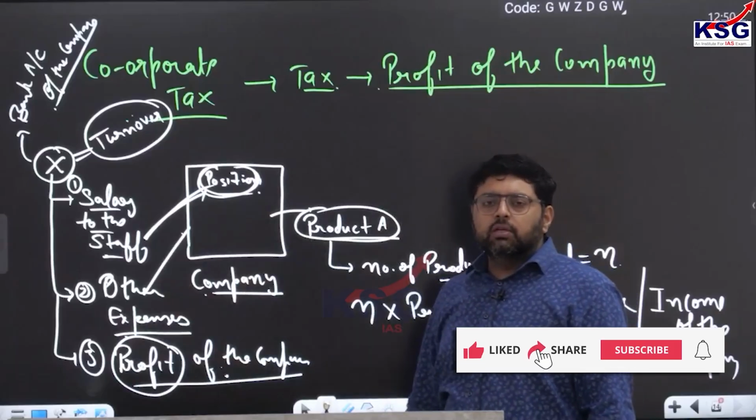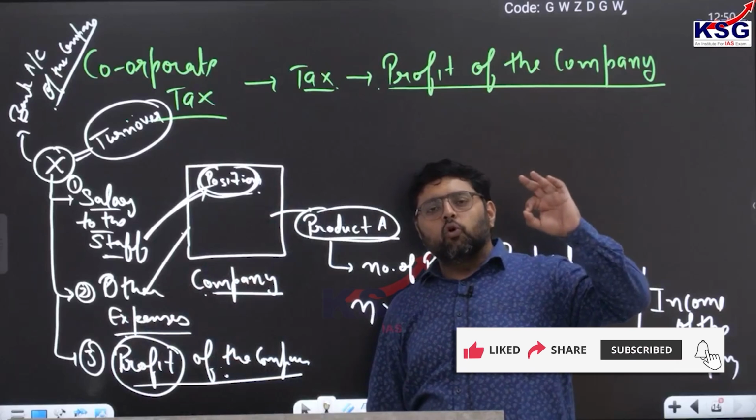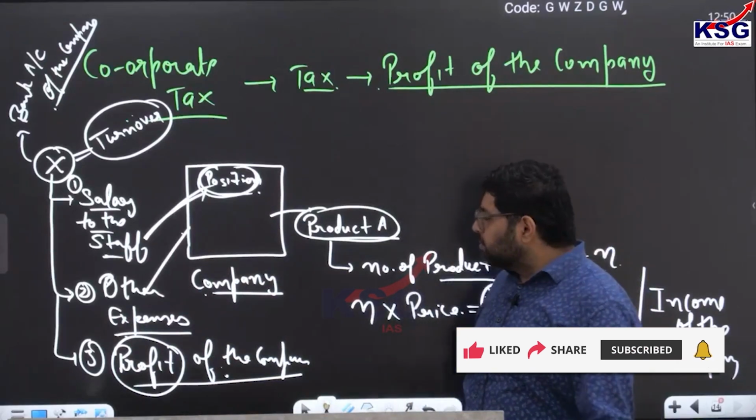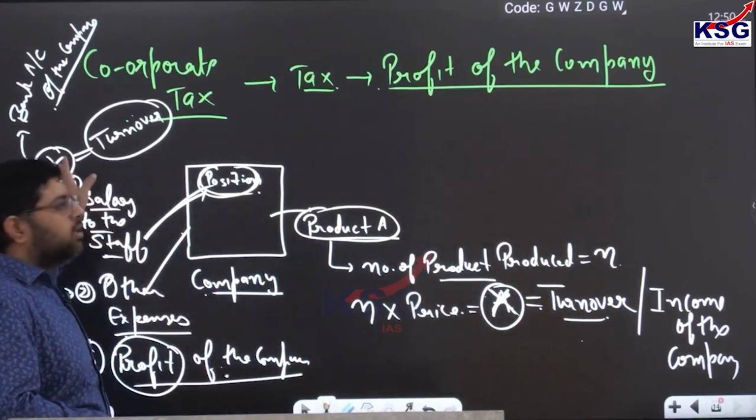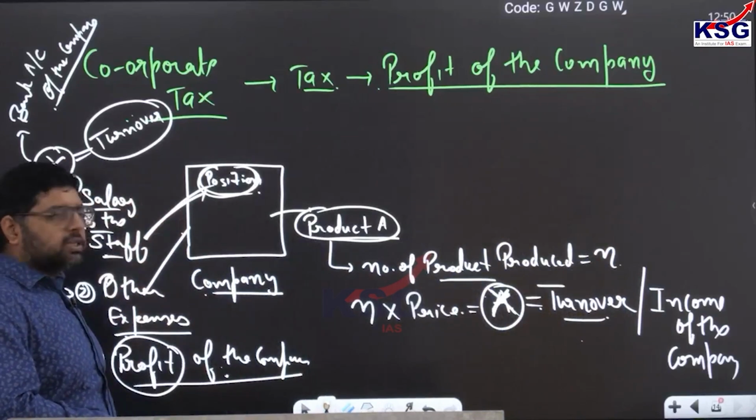Now suppose my profit is 0. When I say my profit is 0, it means I have distributed all the turnover as salary or other expenses.